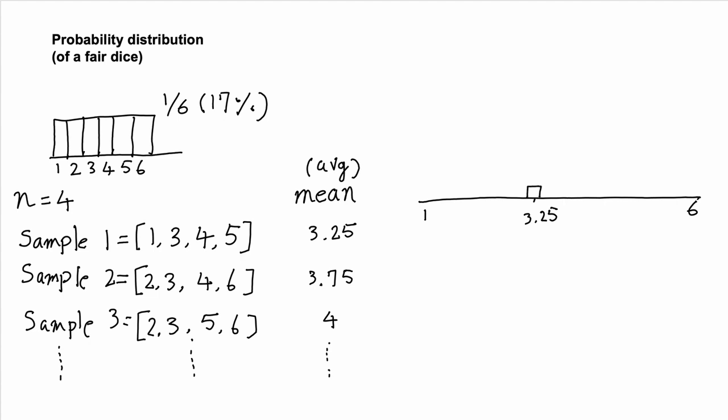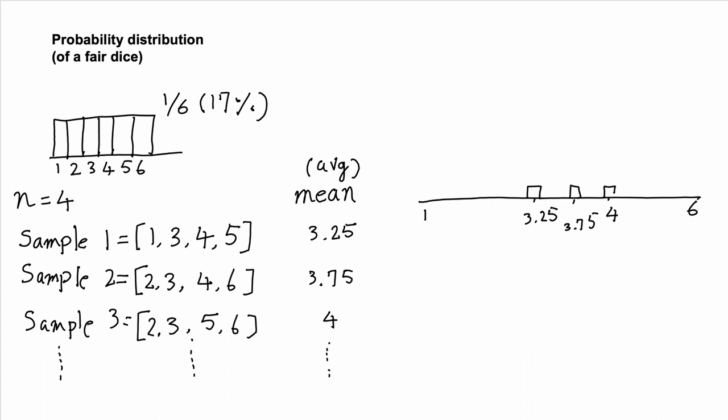I'll add one block like this. The second sample mean was 3.75, which should be around here, so I'm going to plot it. The third sample was 4, which should be a little further out to the right, like this.